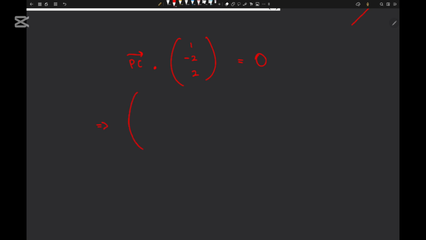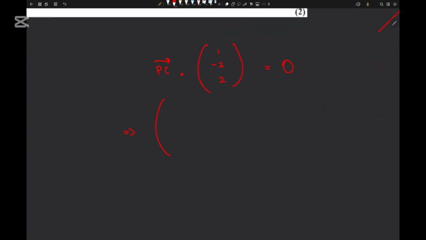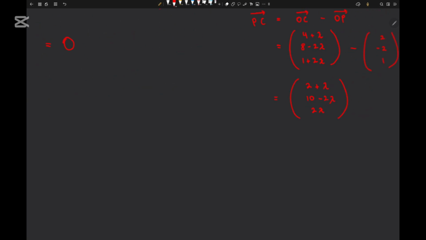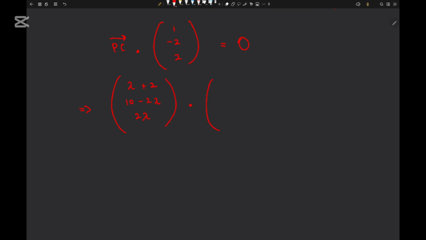Now we just need to solve this equation. So PC vector is (lambda plus 2, 10 minus 2 lambda, 2 lambda) multiplied by (1, -2, 2). This is equal to 0.